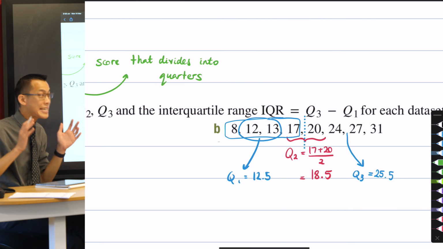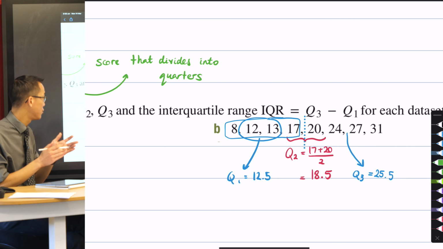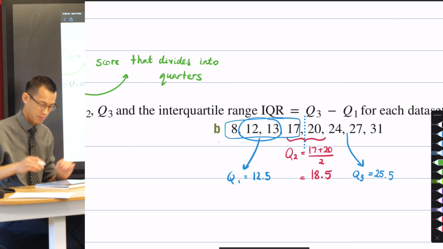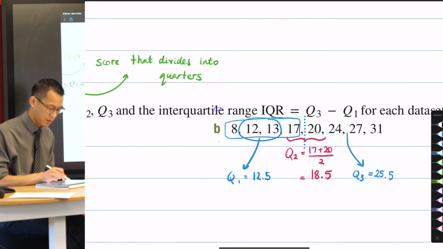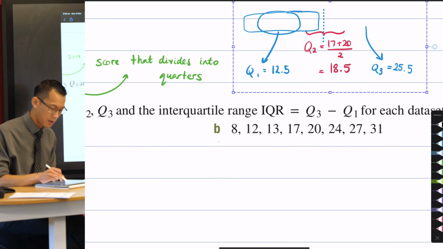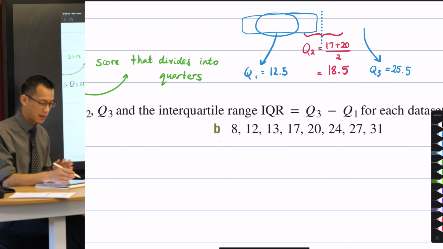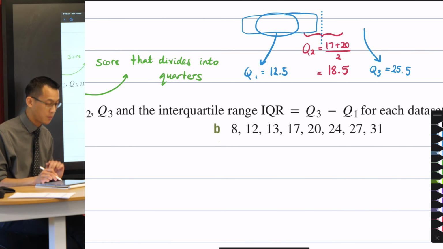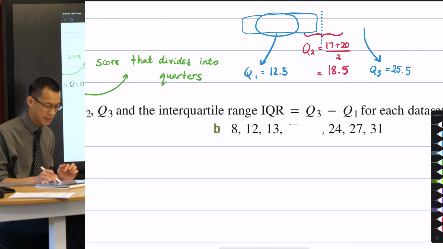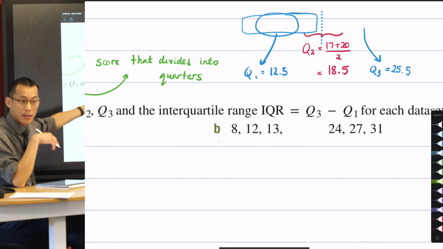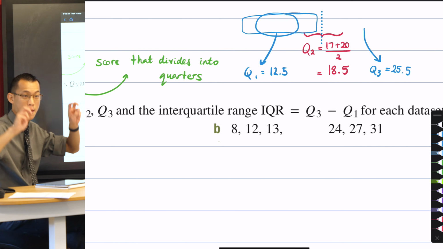Okay. Now, once you understand that, when you come over to this set of 8 scores, it's very easy to see why you have to include the 17 and the 20. Let's imagine if we excluded them. I'll put this working over to the side. Let's suppose we included our 17 and our 20 in our calculation, and then said, I'm done with them now. Now I look at these 2 data sets as separate, and I look at their medians.